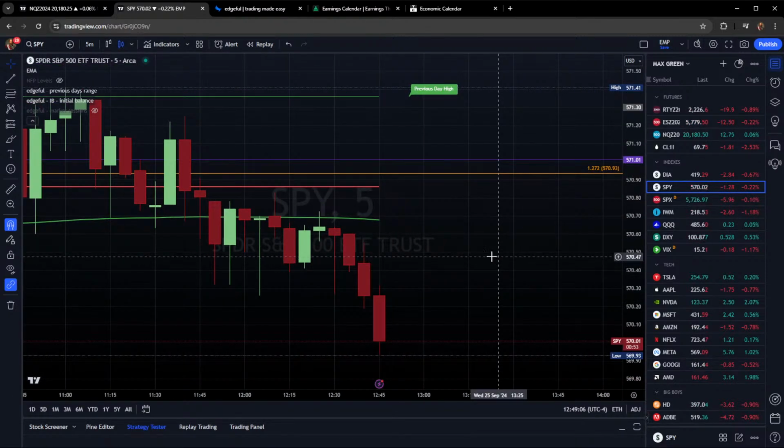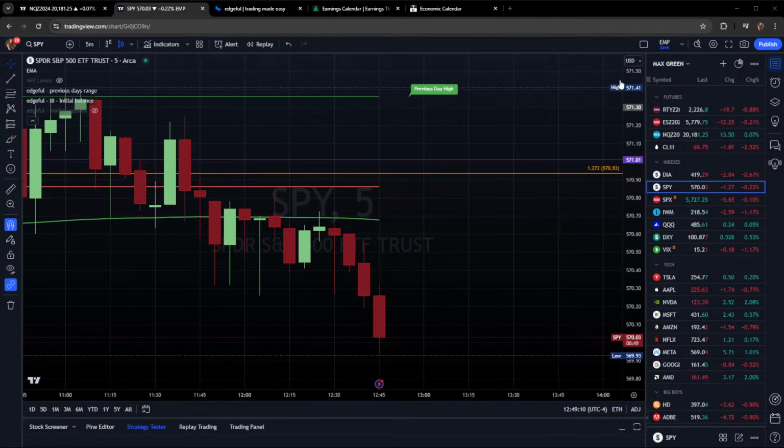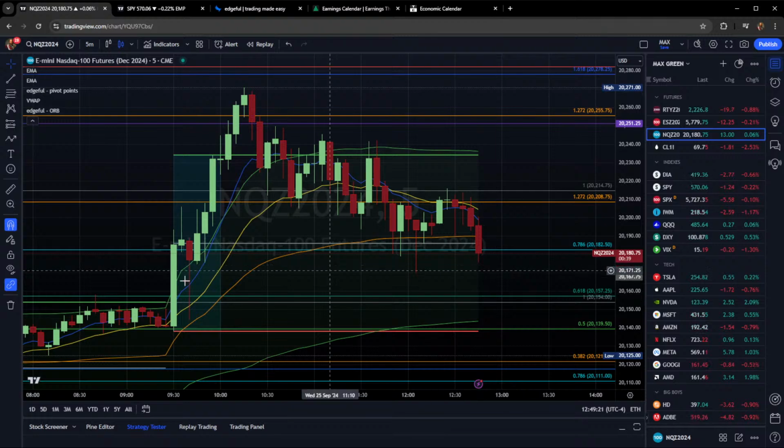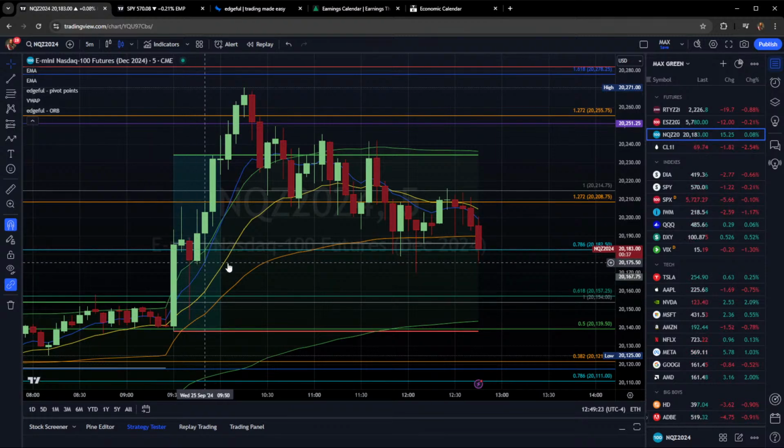Putin talking about nuclear weapons right now at the UN. That may not be great for the market or the world. Maybe we could just hold this area of value here.